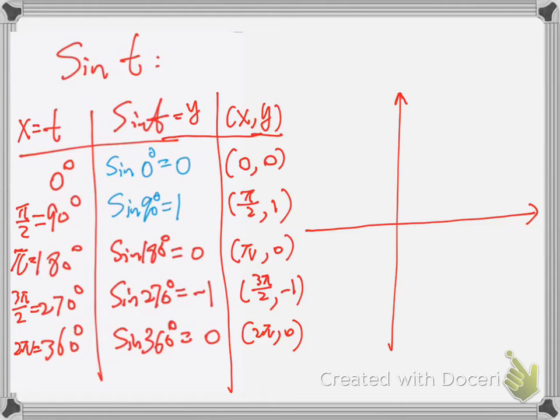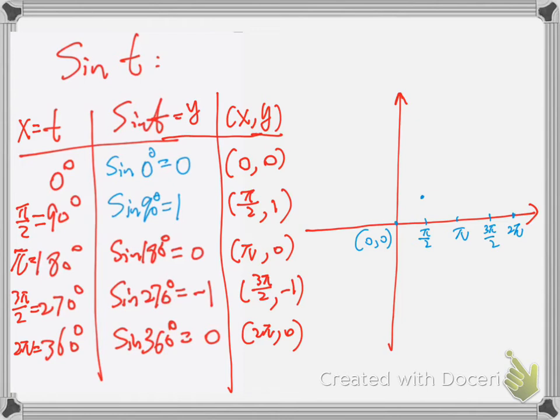The first point is 0, 0. Let's assume here is 2 pi. The midpoint is pi, so this is pi over 2 and this is 3 pi over 2. When x is pi over 2, we have 1.